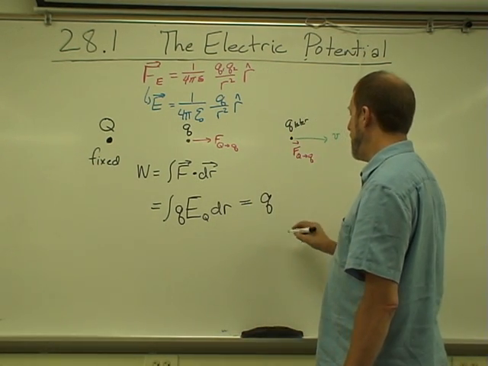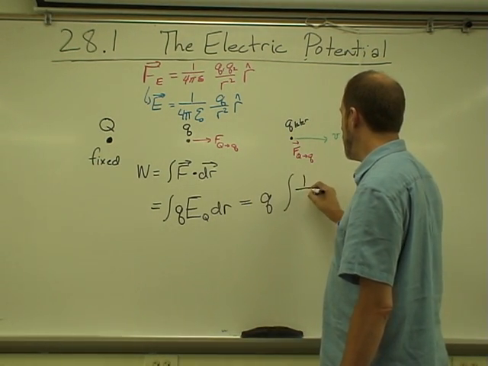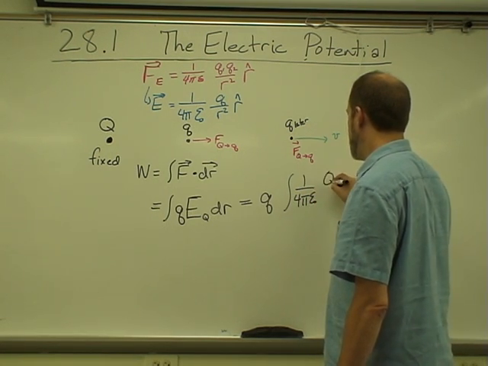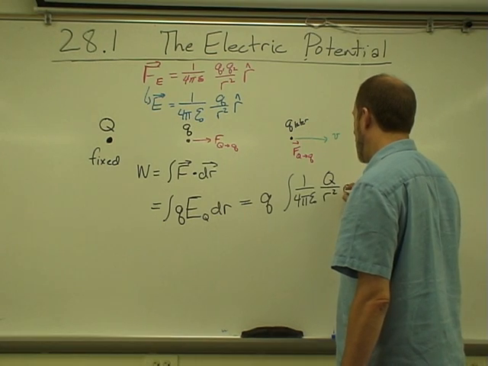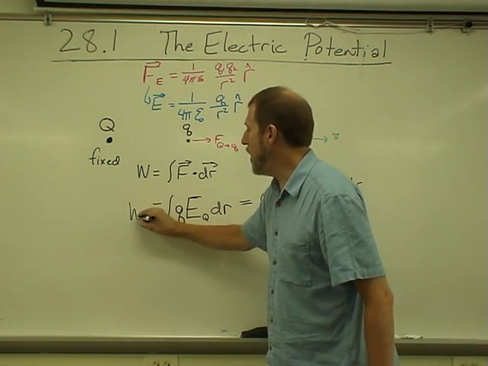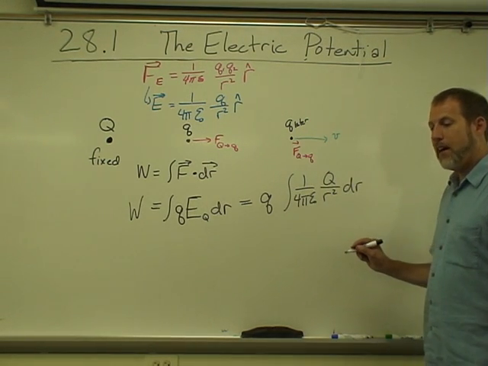The electric field of that point charge is 1 over 4 pi epsilon naught times Q over r squared dr. And I could find the work done in that case.